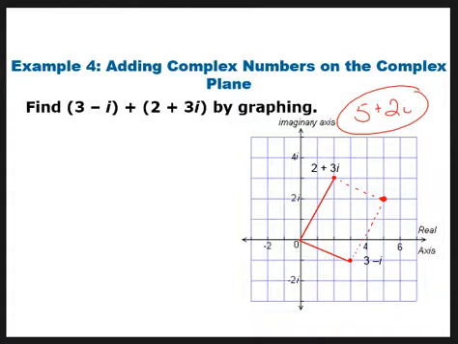Now if I start with this point up here and look at the other point down here, if I go 3 minus i, so over here 3 and then down 1i, I get to this point. If I look at this point down here, if I go plus 2 this way, and then go up 3i, I would get to that same point. All that's doing is confirming that the point 5 plus 2i is a solution.